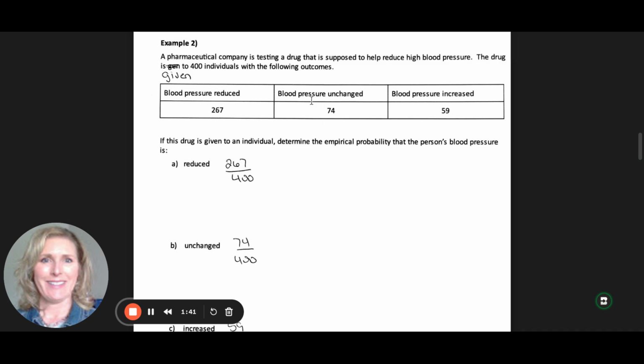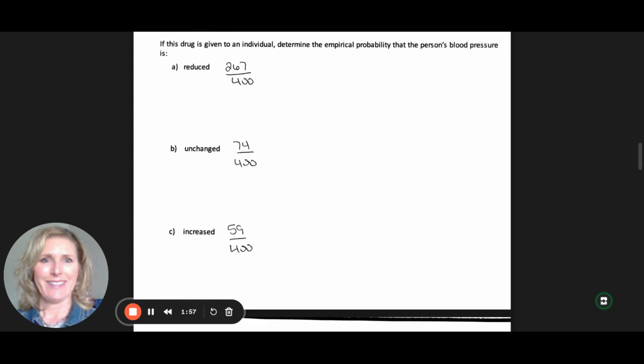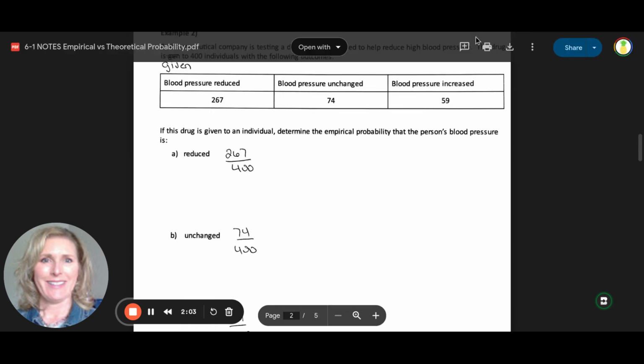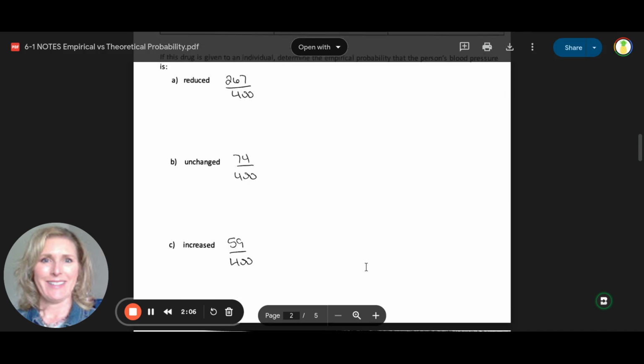If we wanted to find the probability that it was unchanged, we would look here. And so it was unchanged 74 out of 400 times. And then I didn't do what I told you, and I'm sure that I should have definitely reduced that one. And then what was the probability that the medication increased their blood pressure? And so it increased it in 59 out of the 400 people.